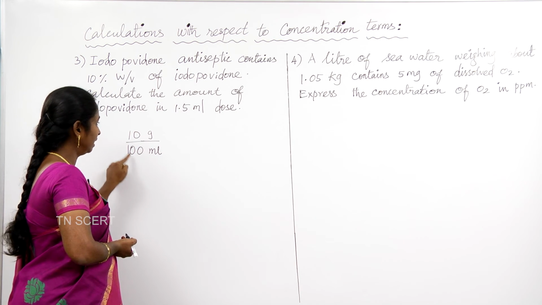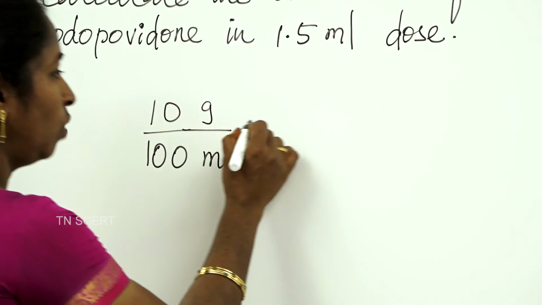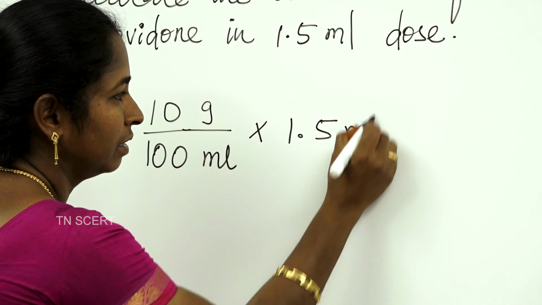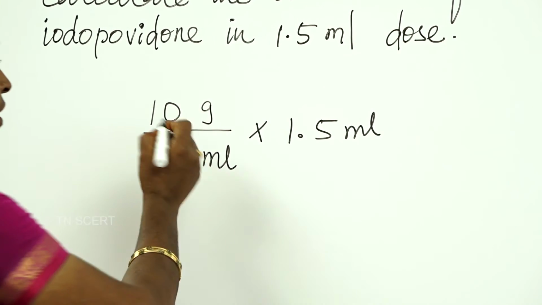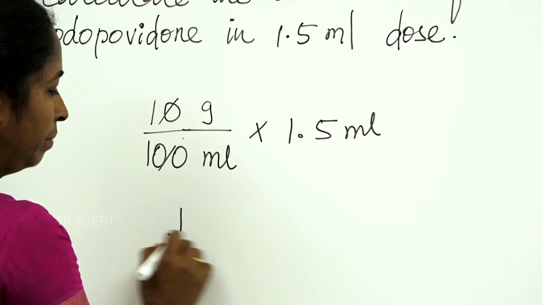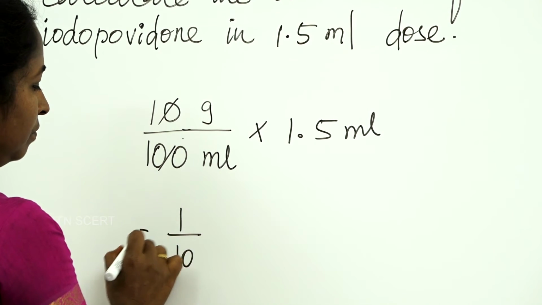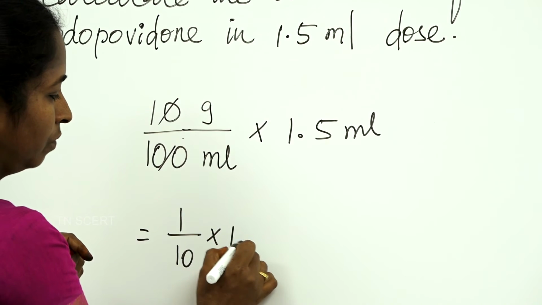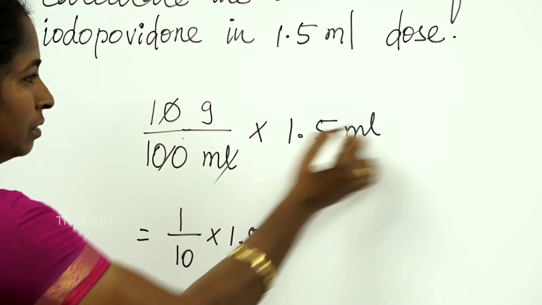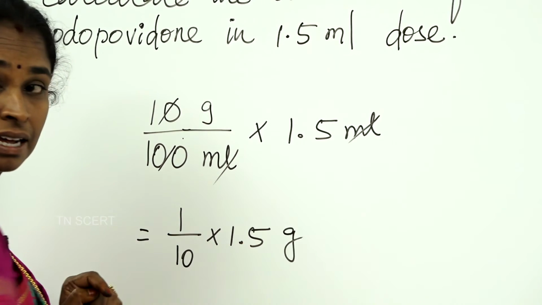We know 100 ml contains 10 gram. What is the amount in 1.5 ml? 10 divided by 100? Yes, it is equal to 1 by 10 into 1.5. The unit will be in gram.